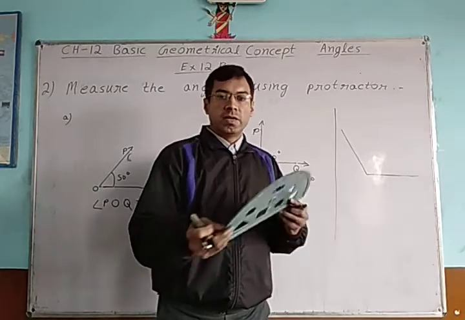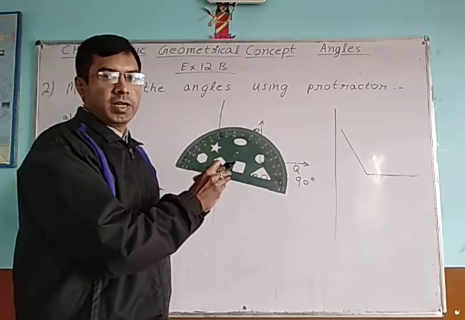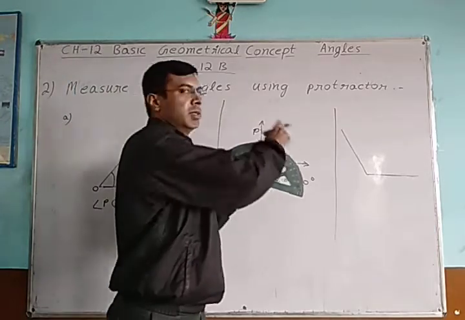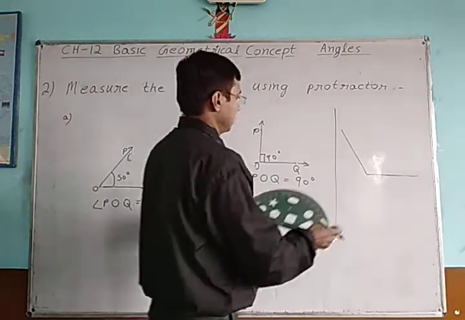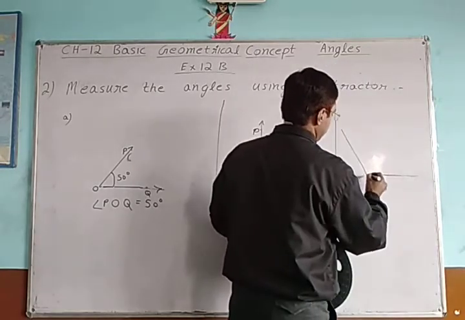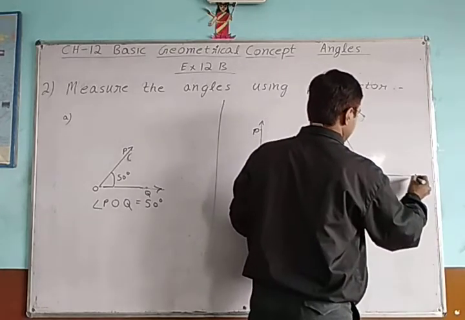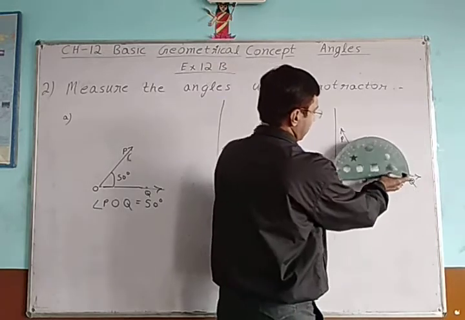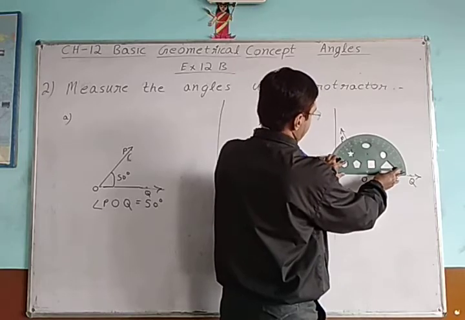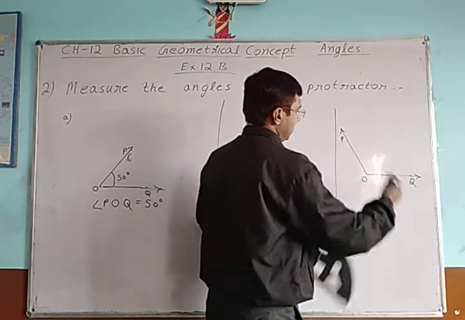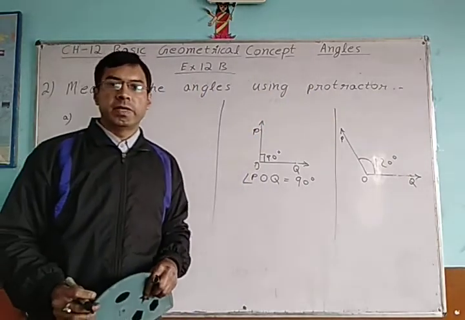So how do we use protractor? First we keep this middle point at the vertex of the angle, and from there we see that the next arm is going touching which angle, and then we mention it. Clear? Now next, Q. 120 degree. In this way we measure the angle.